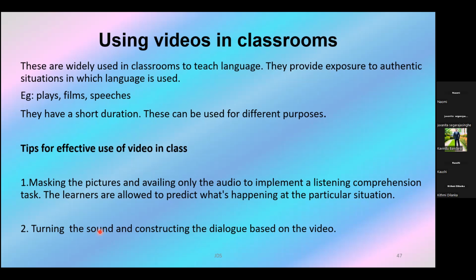Based on the context, they can build up very small conversations, dialogues, or role plays like that. If it is taking place in a hospital, any possible conversation that is suitable for that context.